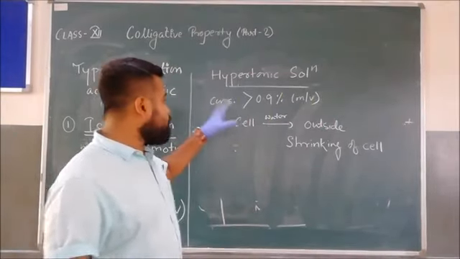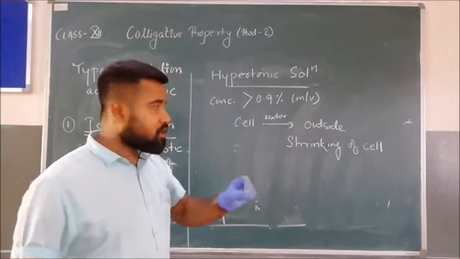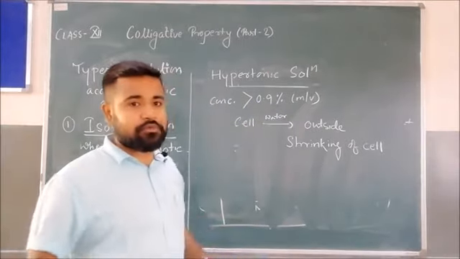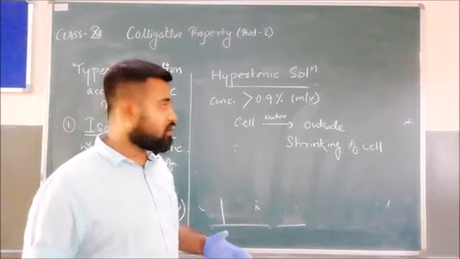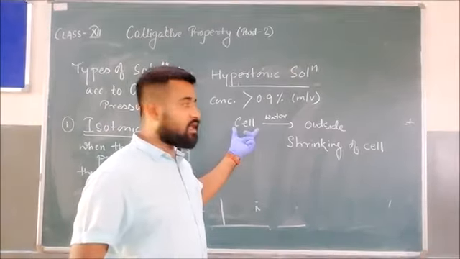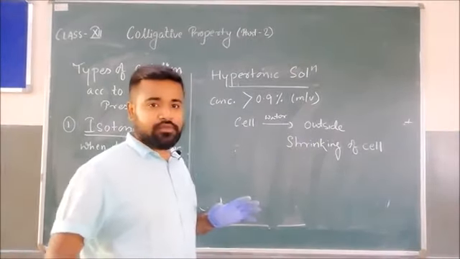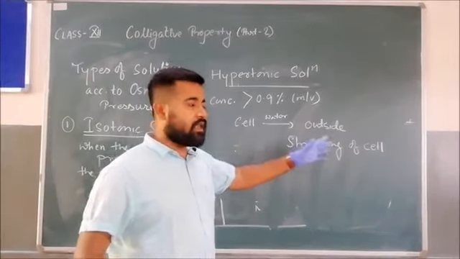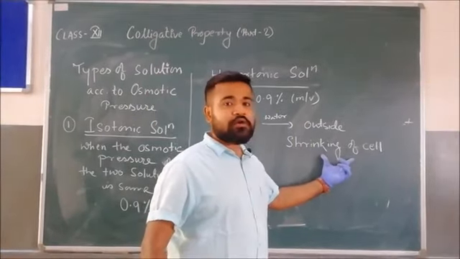If the concentration of the solution is greater than 0.9%, meaning a higher concentration solution, the water from the cell moves outside the cell and that leads to shrinking of the cell.